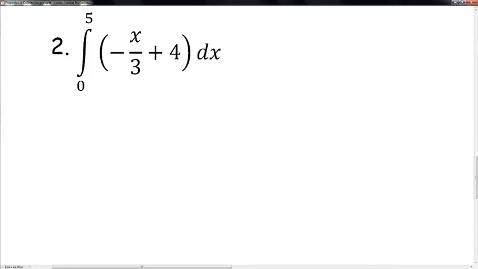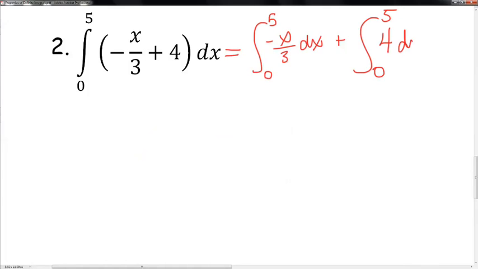Number 2 is the integral from 0 to 5 of negative x over 3 plus 4. What I could do is split this up and do the integral from 0 to 5 of negative x over 3 dx, and add that to the integral from 0 to 5 of 4 dx.